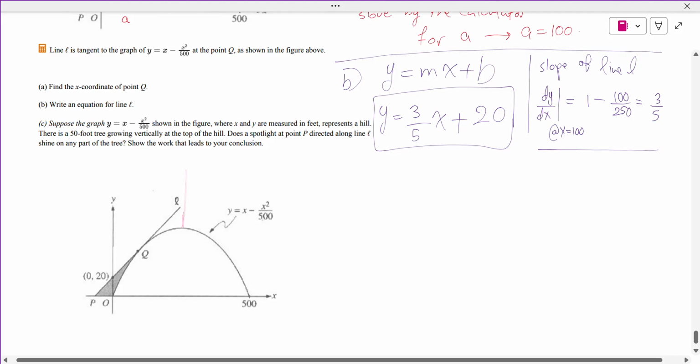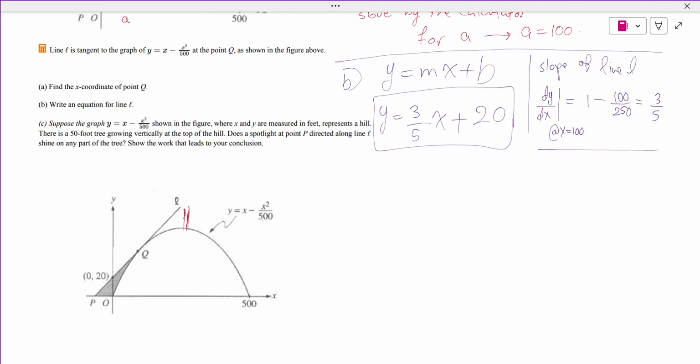Now we know that this is a hill, and there is a tree at the top of this hill. And the tree is 50 feet, a 50-foot tree.